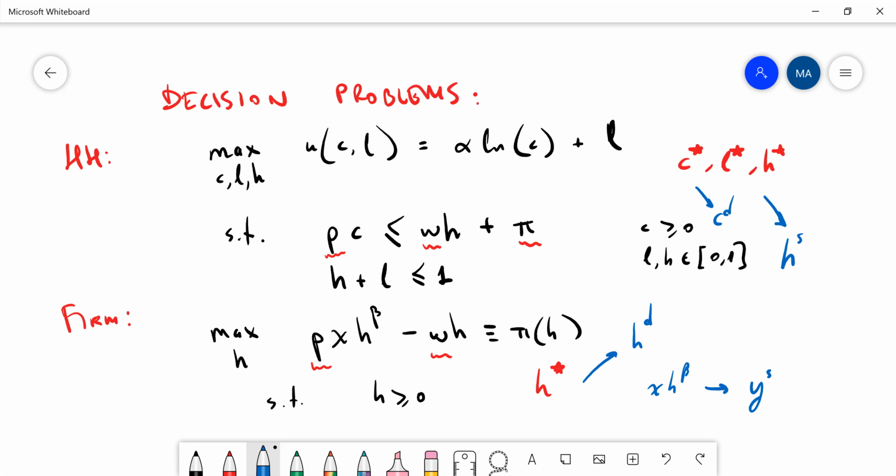So these will be functions of prices. And in two markets, we're going to have market clearing conditions. In the labor market, we have that. In the goods market, we have that.